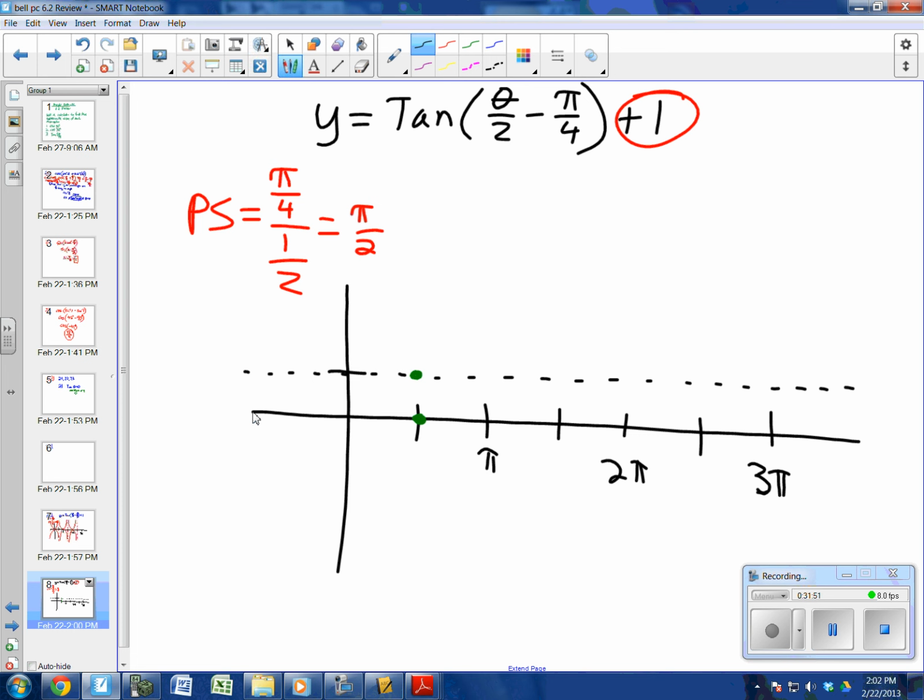In fact, if it shifts over pi halves, and one cycle takes place between 0 and 2 pi, and that's the middle of my graph, and it shifted to the right pi halves, then this thing's going to go something like this. I know my asymptotes are going to be right here and right here. Is that right? Is that what your graphing calculator shows?